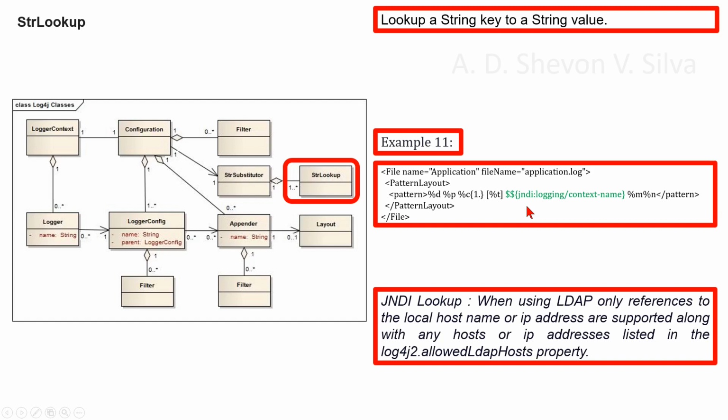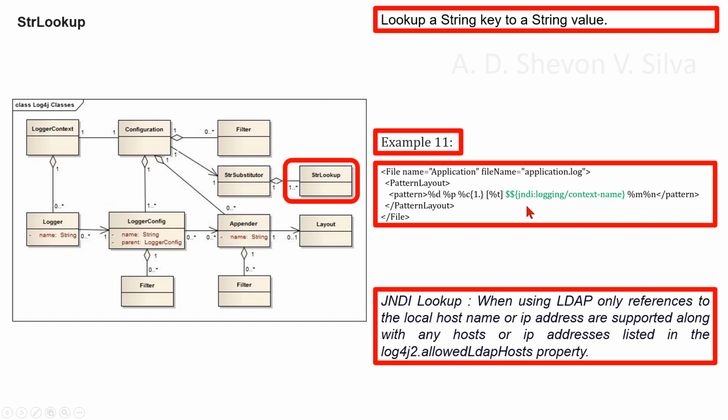When using LDAP, Java classes that implement the Referenceable interface are not supported for security reasons. Only Java primitive classes are supported by default, as well as any classes specified by the log4j2.allowedLdapClasses property.